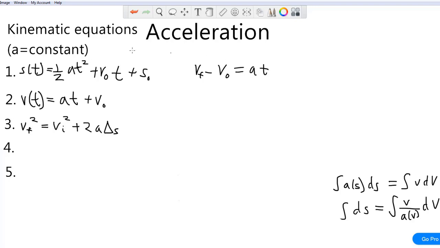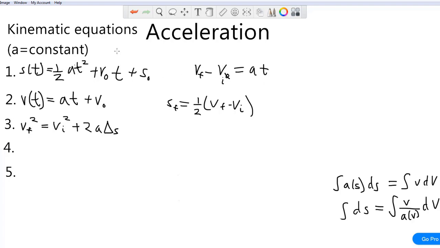Now we can just plug this into here. s final, s of t, then we're going to have a half on the outside, and then v final minus v initial, and that's just a times t.